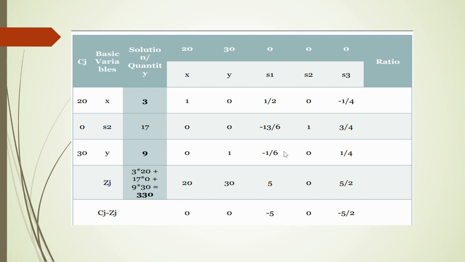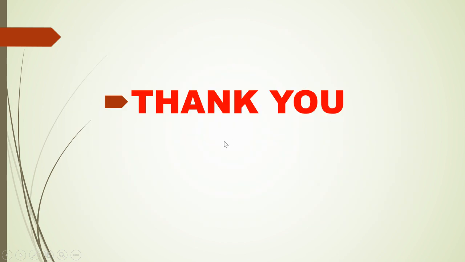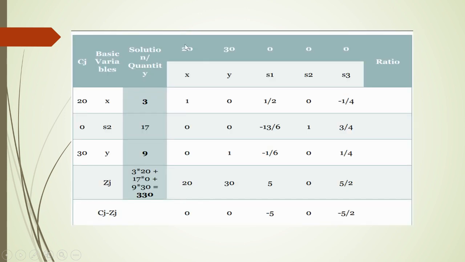After this, we compute 20 into 3 plus 0 into 17 plus 30 into 90, and we get 330. These are the Zj values: 20 into 1 is 20, and 0 into 0, 30 into 0 is 0. So 20 minus 20 is 0, 30 minus 30 is 0, 0 minus 5 is minus 5, and 0 minus 1 by 2 is minus 4.